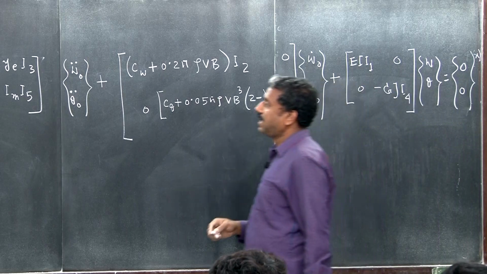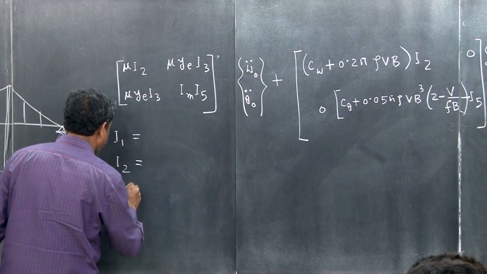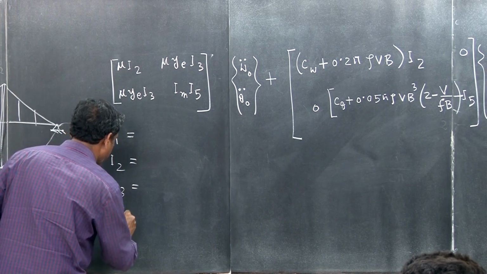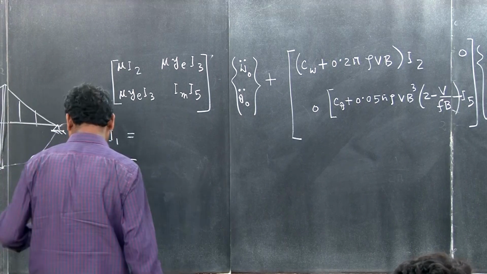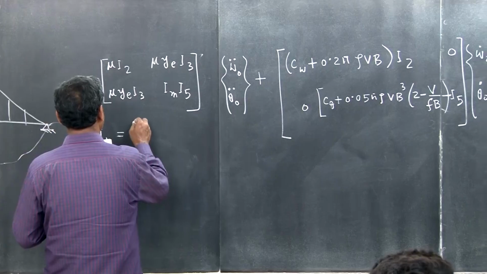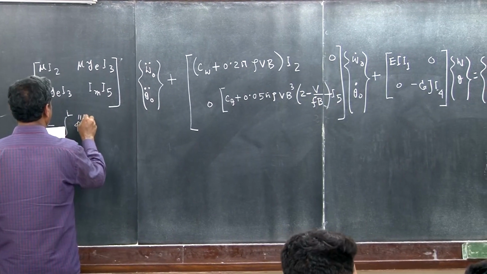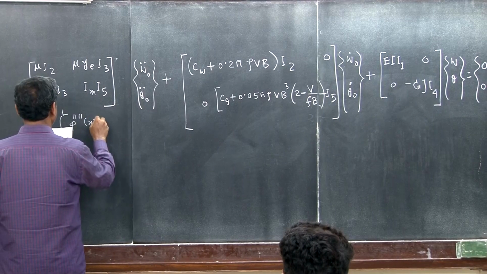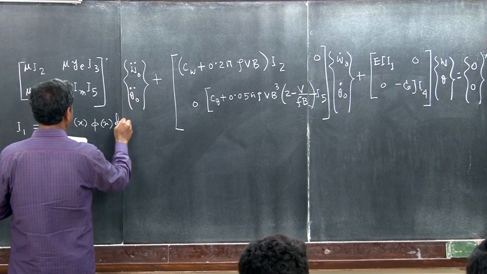And all these I1, I2, I3, I4 and I5 are nothing but integrals. These integrals I have written in the previous class, and I will just express one of them. These are what you obtain by integrating the approximation functions which we used for the displacement field.